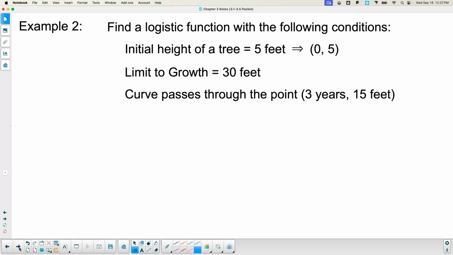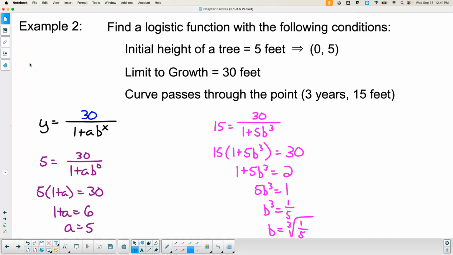You try one. So I got an A value of 5. Yes. I got a B value of the cube root of 1/5. Yes. Which gives me a logistic function then of y equals 30 over 1 plus 5 times the third root.